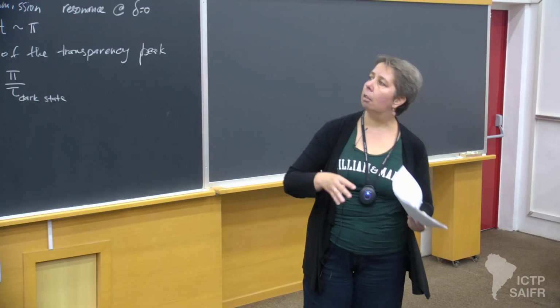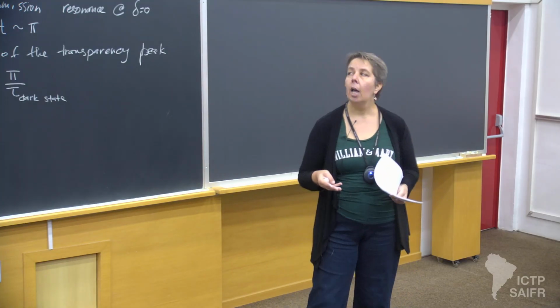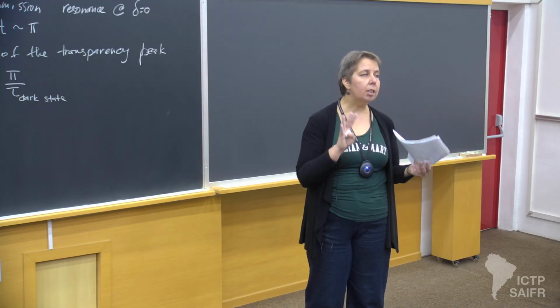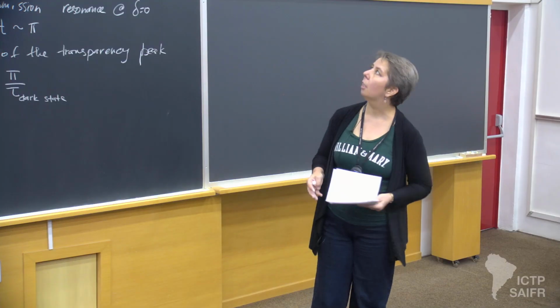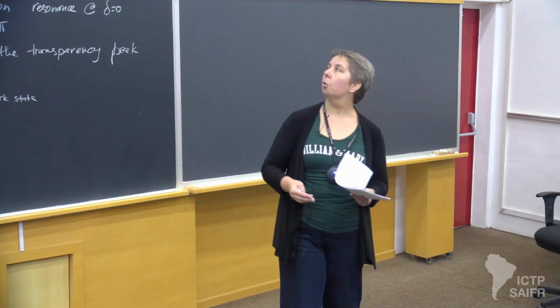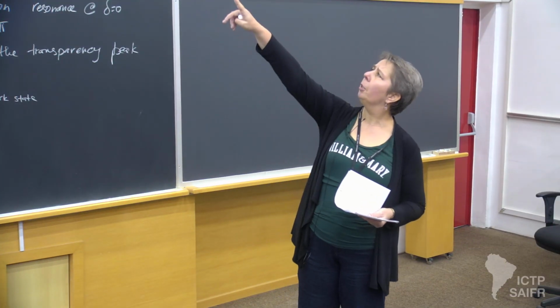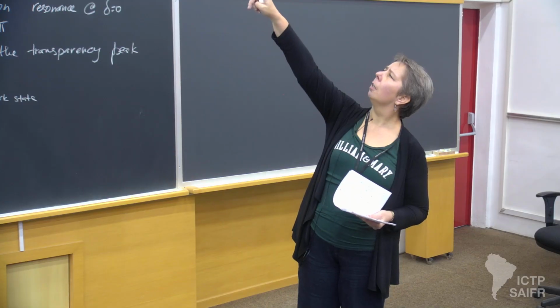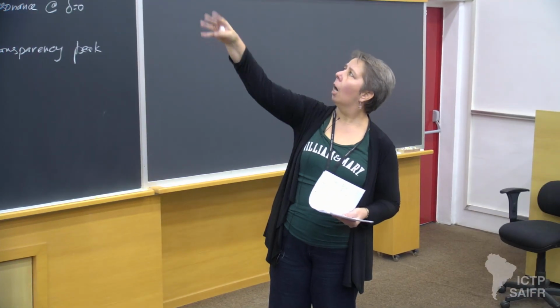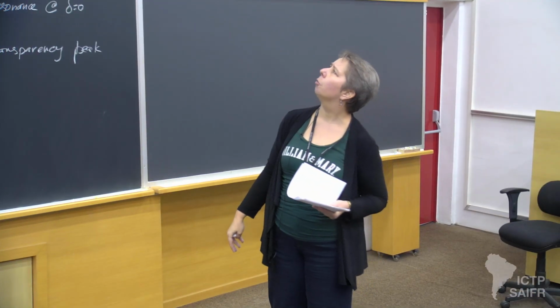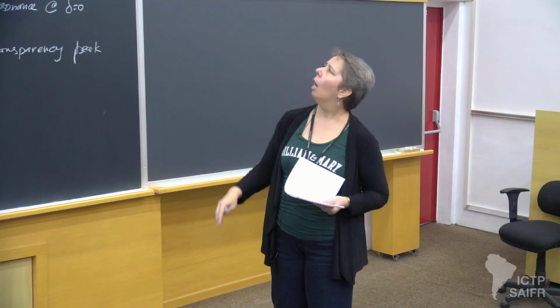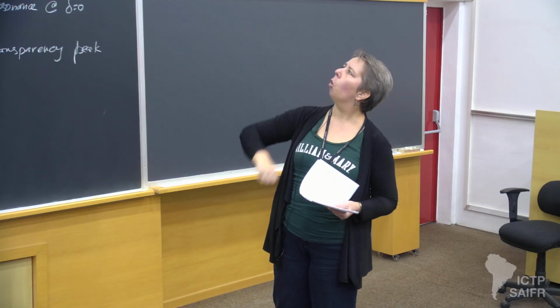If we're doing the exact calculations, I can tell you that for EIT you really need to do the density matrix if you include the decays. There are no shortcuts. You can see that we have the decay rates for the excited state populations and for the ground state populations, and for all the optical coherences.